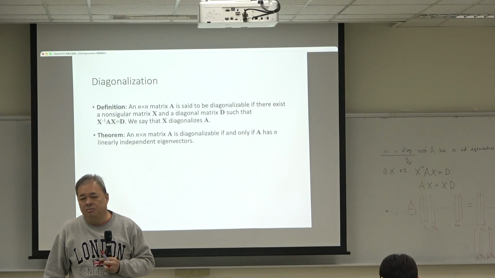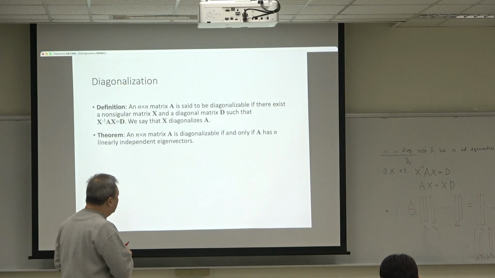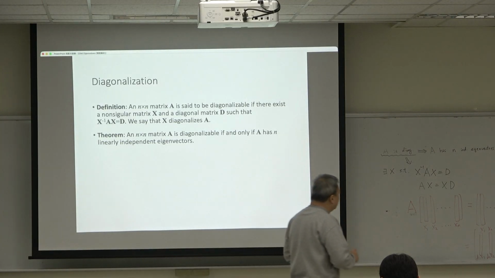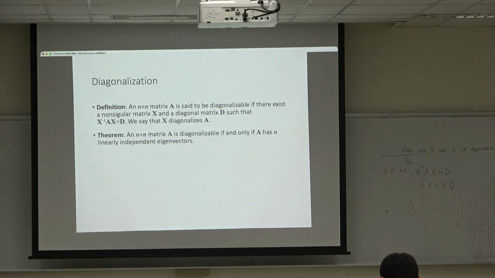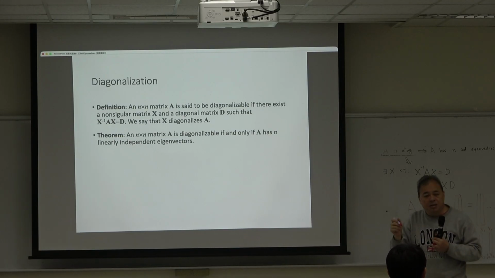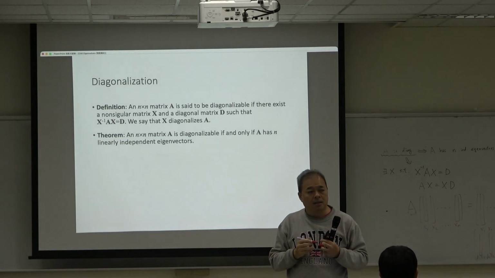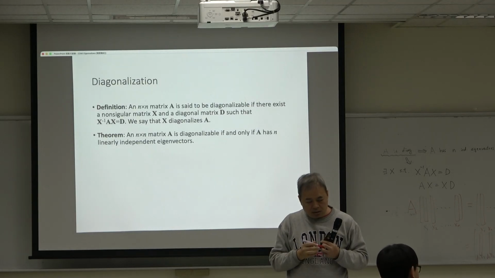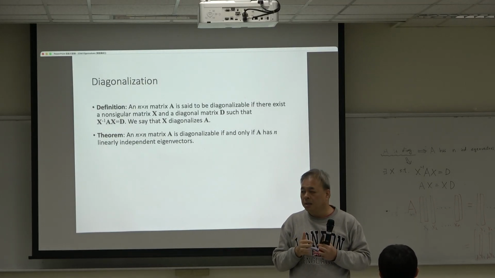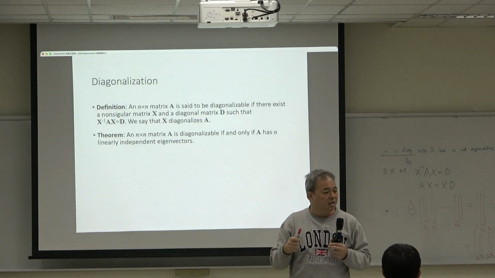So x1 to xn are eigenvectors and they are linearly independent. So from the left-hand side, we get the right-hand side.